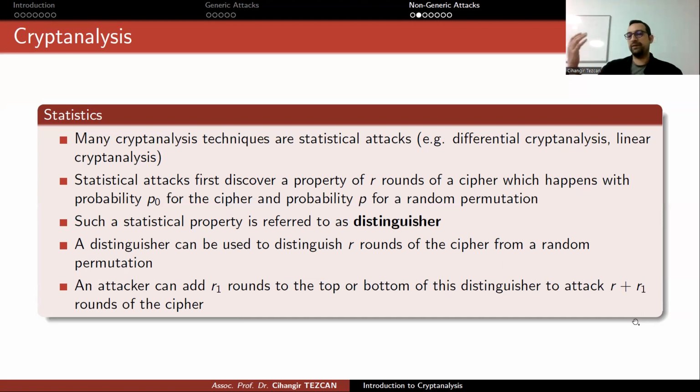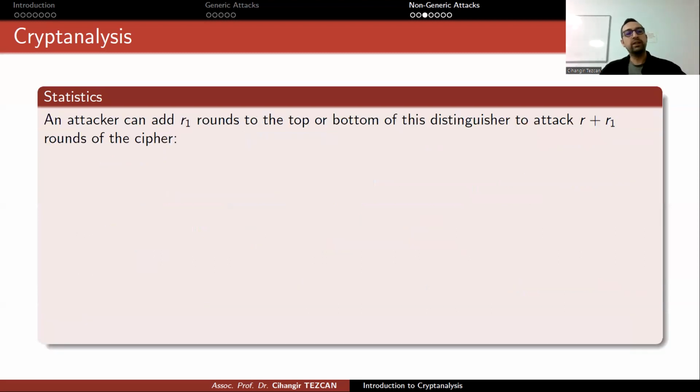So if a cipher is 10 runs, and if you find a distinguisher for 8 runs, then by adding 2 runs, you try to capture the round keys of those 2 runs. If you can capture it, then you break the system. This is how it works.